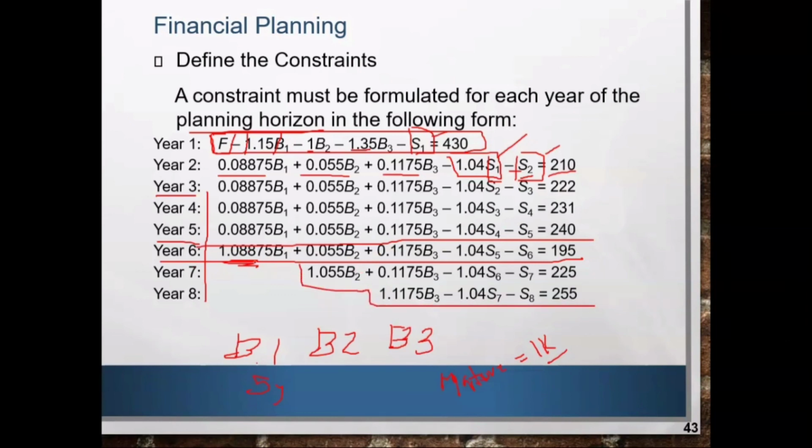Here, bond 2 matures after 6 years. Since the maturity is 6 years, at the beginning of year 7 it is added 1K. The same goes for bond 3, which matures in 7 years.